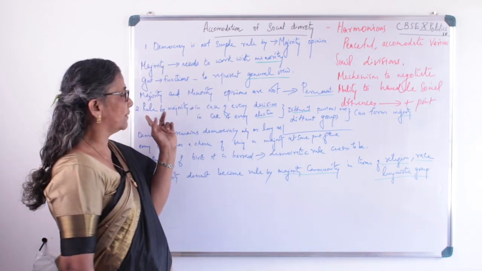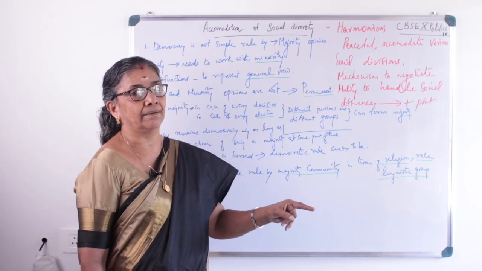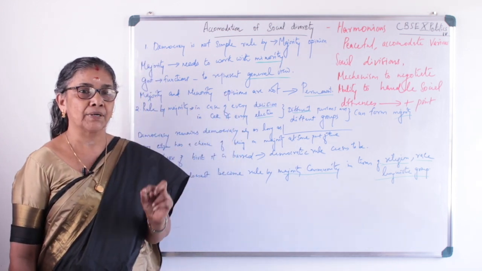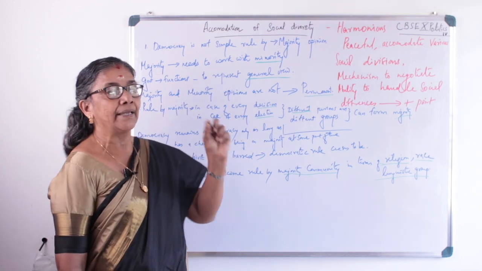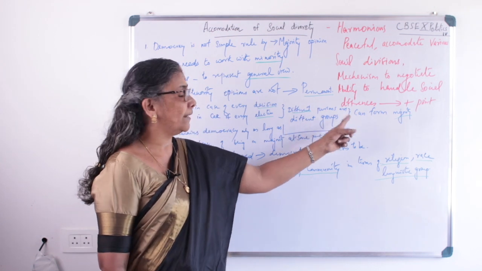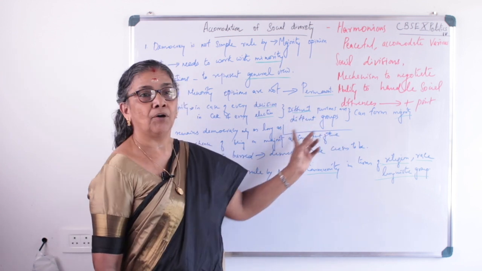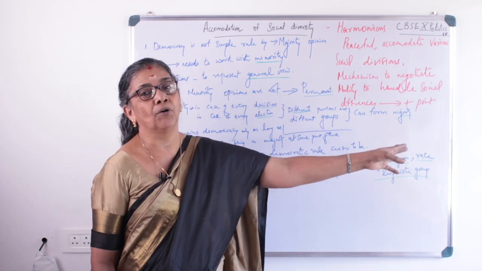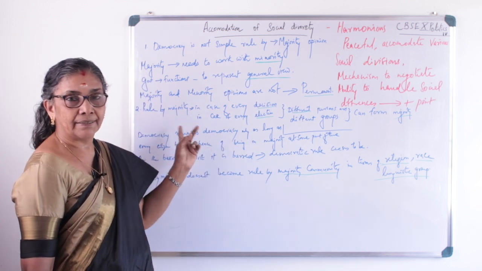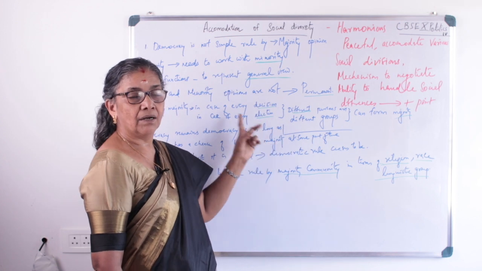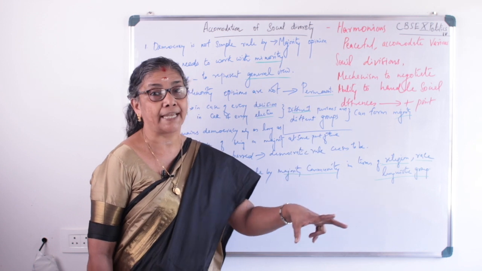What is it meant by? Rule by majority in case of every decision, in case of every election, different opinions can be formed, or different persons can form different groups and can form a majority.